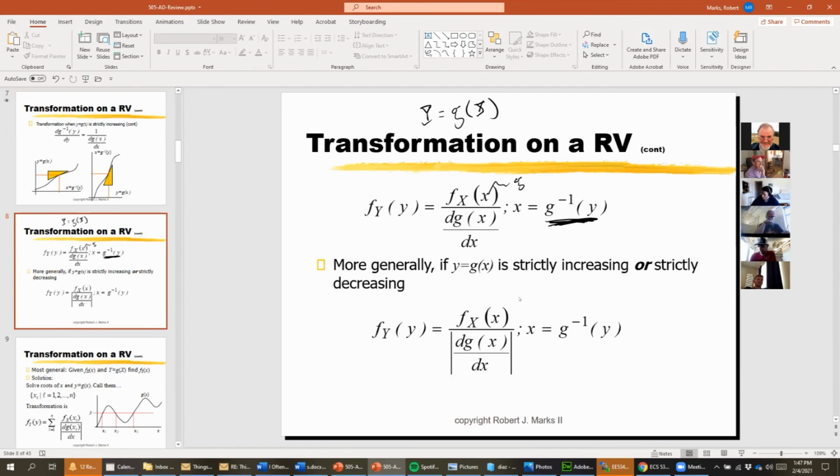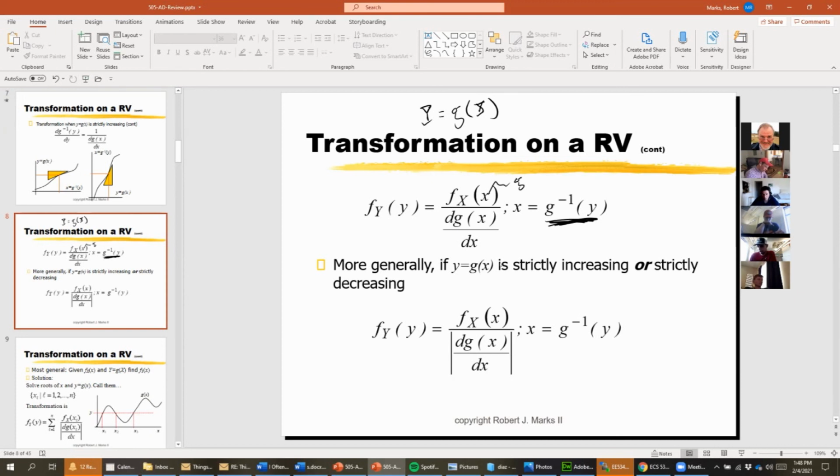This is only applicable for a strictly increasing function. We could go through the same result using a strictly decreasing function. And if we used a strictly decreasing function where we had the inequalities, we'd have to flip the inequality around.